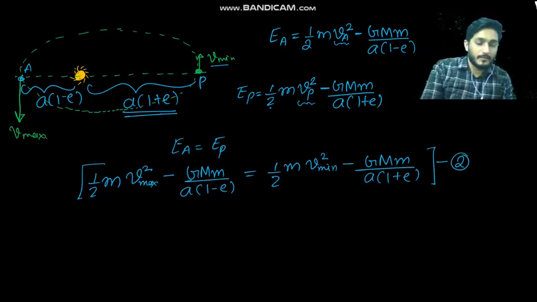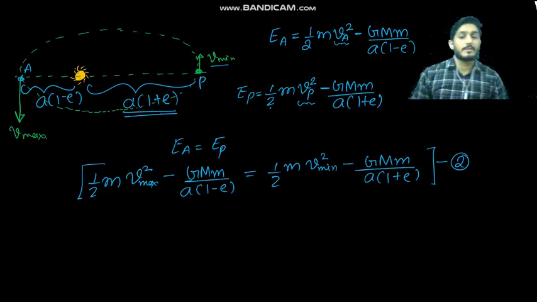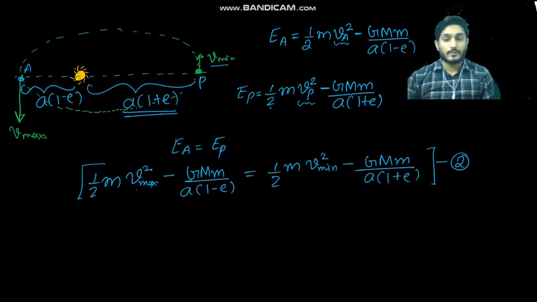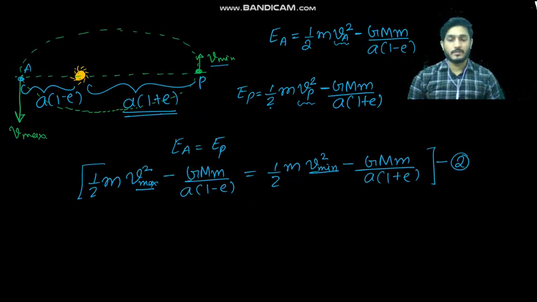We have already made an equation on the last page. Here it is, equation number 1, which is relating vmax and vmin. And we have another equation, equation 2, which is also relating vmax and vmin. If we simultaneously solve these two equations, which I'm not able to solve here because of the time constraint, we get vmax and vmin separately in terms of a, e and masses.